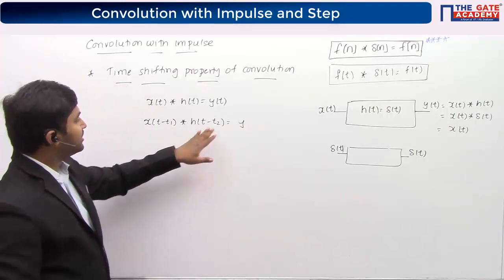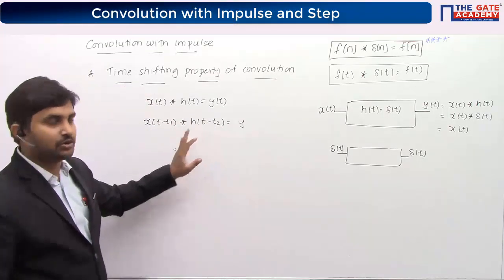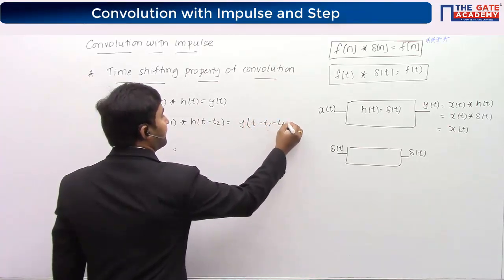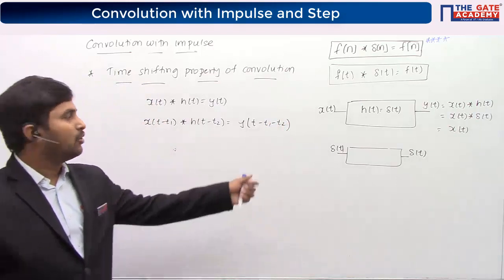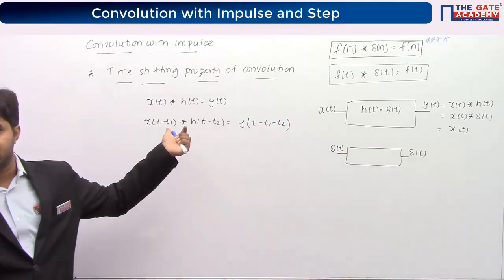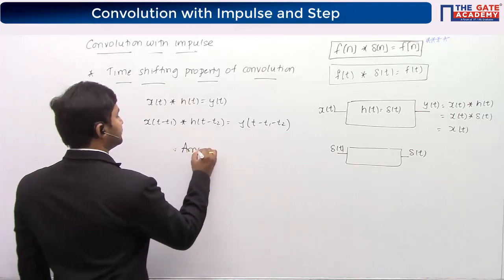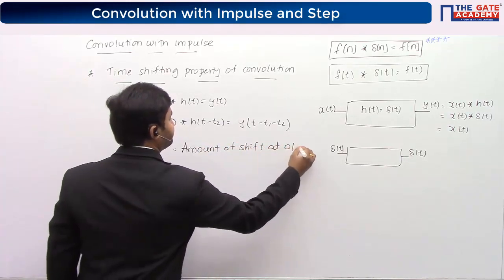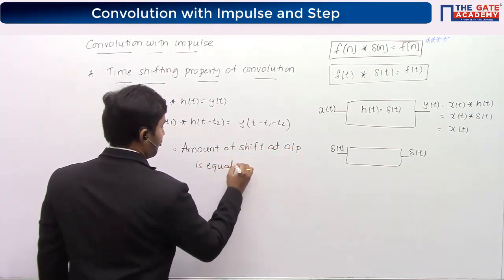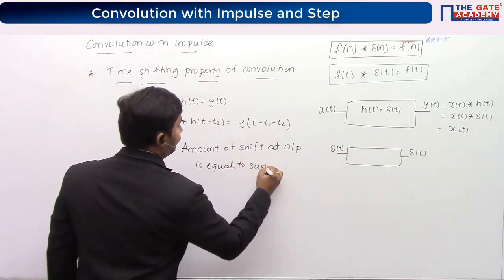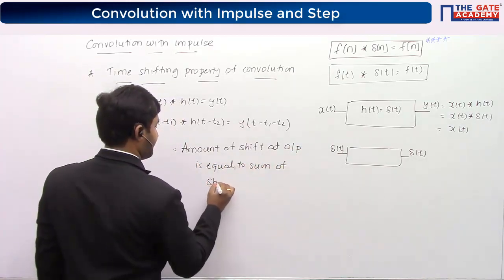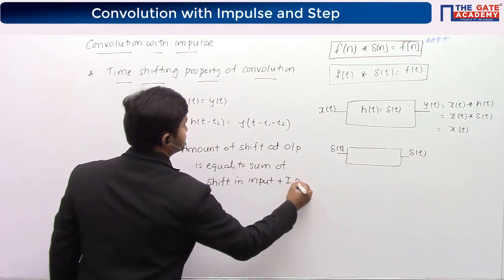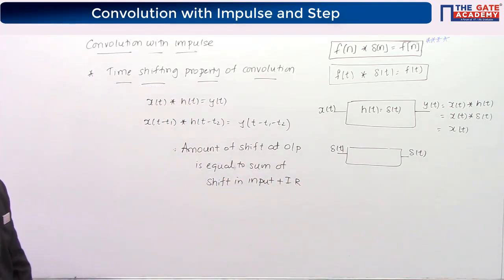So if you have a delayed input and a delayed impulse response, the output will also be shifted, and the amount of shift at the output is equal to the sum of all shifts in the input and impulse response.